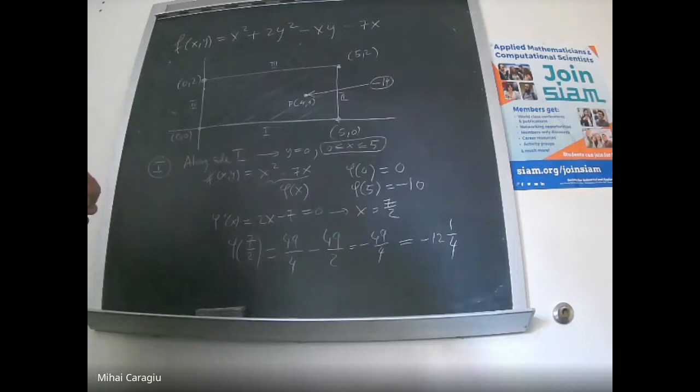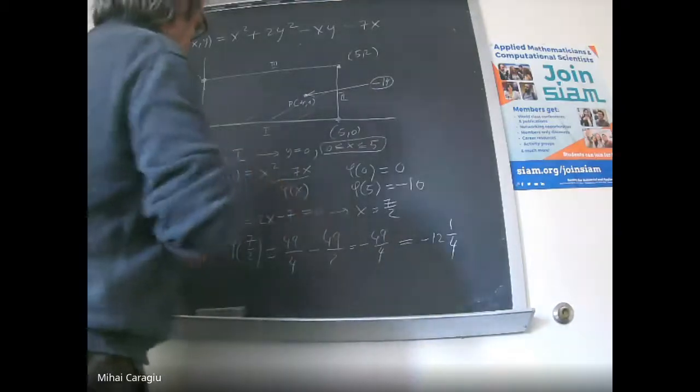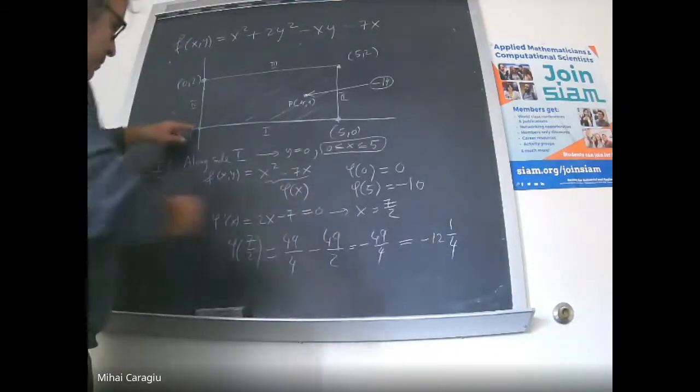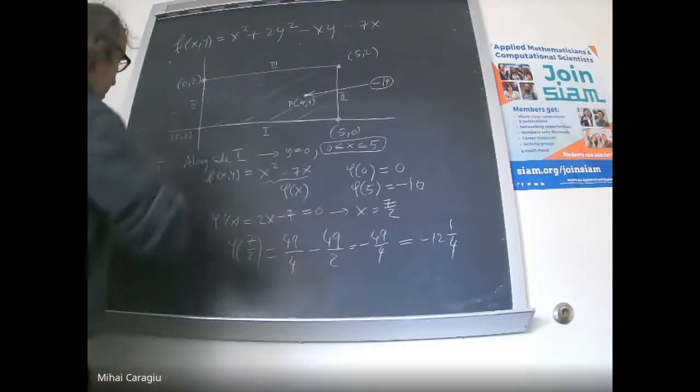Okay, so let's annotate everything with the values we just found. The value when x equals 0 is 0, so put a 0 here.